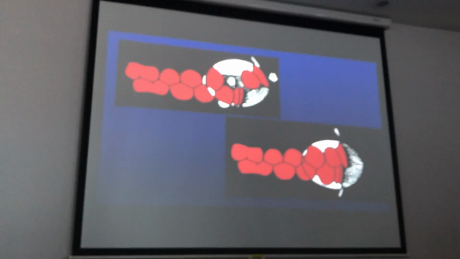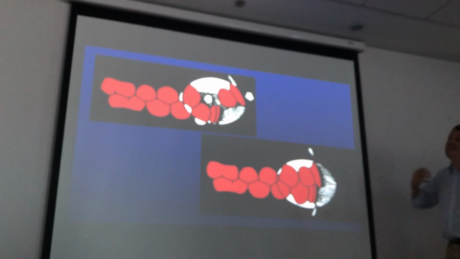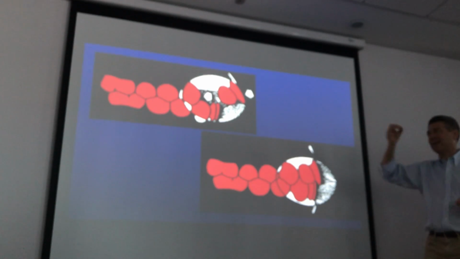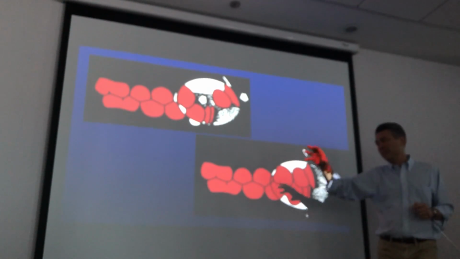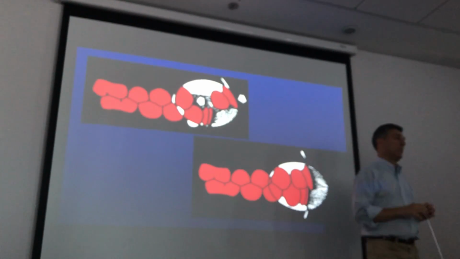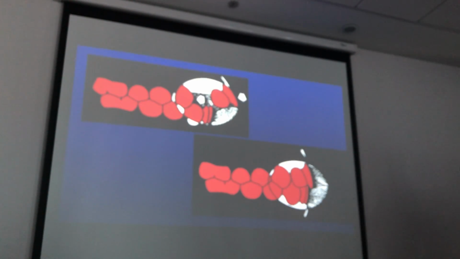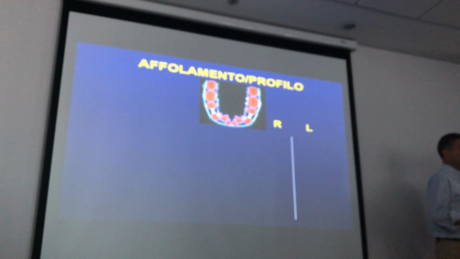So the upper arch is determined. We can picture what the upper arch is only considering the upper molar. For us, that is very important. Because now, let's see when we have crowding in the lower arch.